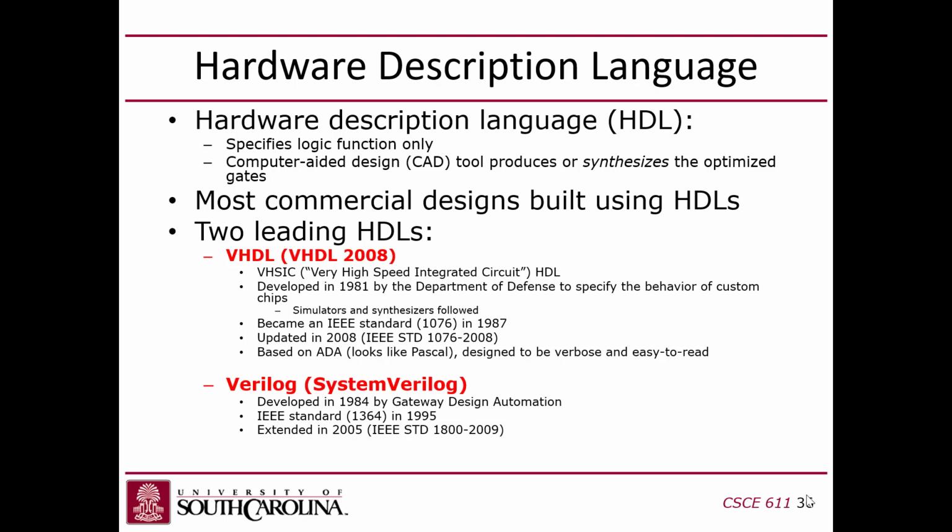It's designed to be terse and concise, so you don't have to type as much, but you better comment it, because otherwise it'd be hard to read. To this day, these languages share roughly 50% market share.